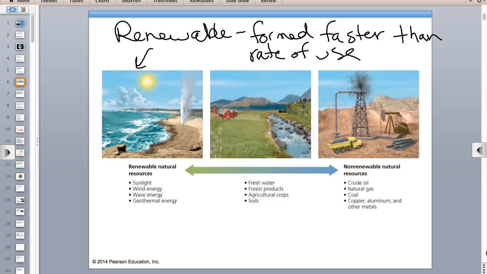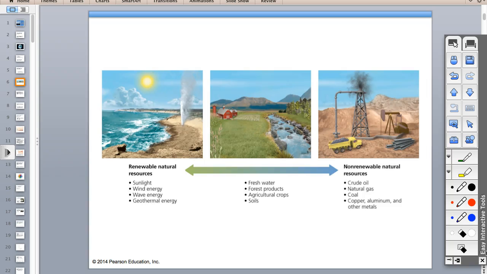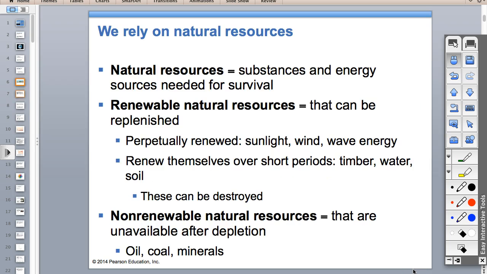If we pollute the water faster than the earth can actually purify it through the water cycle, then it's no longer renewable. So non-renewable things are formed slower than they're getting used, and so we're going to run out of them. And then, like I said, you have this middle that can go either way, depending on the rate of use.